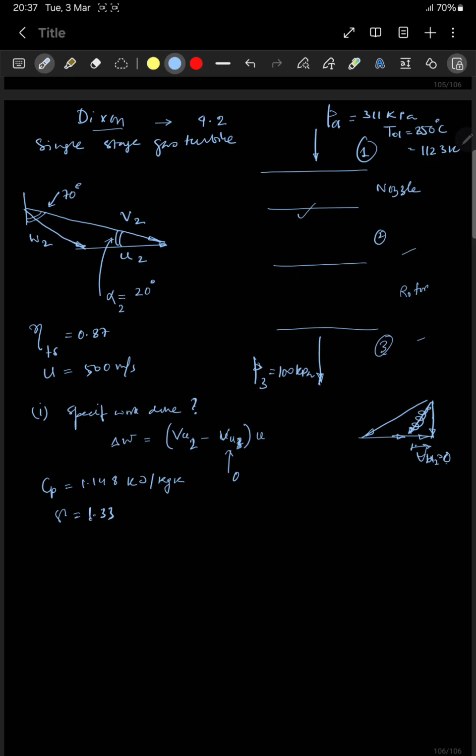Okay, so the specific work done is given by this, but here we can say that at this point T01 equals to T02 because it is a nozzle. So at this point also the temperature is 1123 Kelvin, T02.